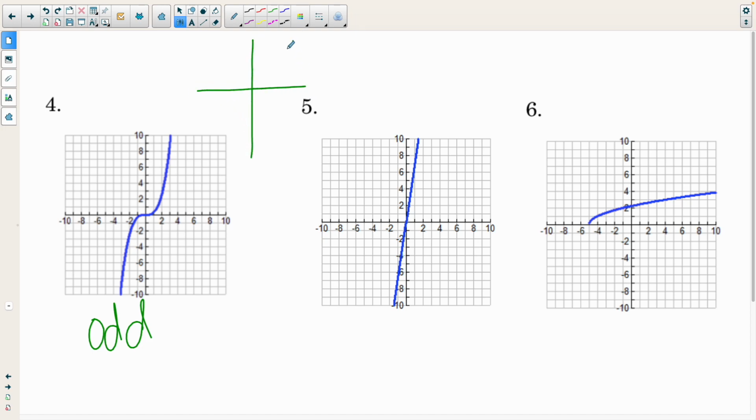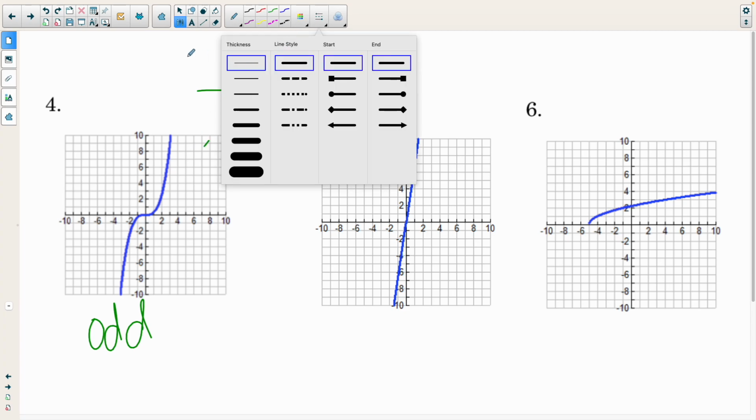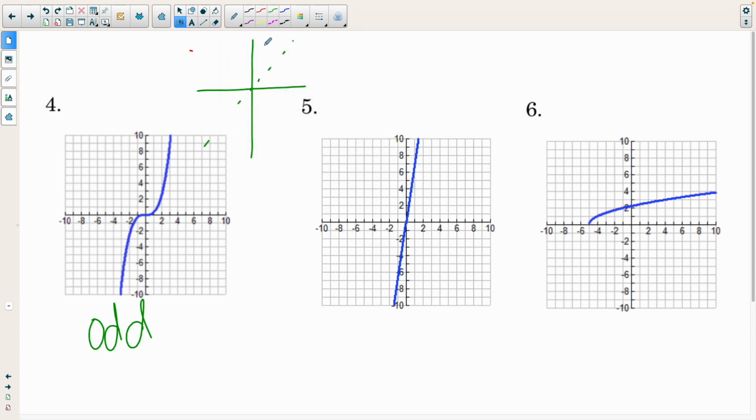You could have something like that, and it would work, but it's so rare you're going to see that. Because if you flip that upside down, it would be the same. But most of the time it will go through the origin.